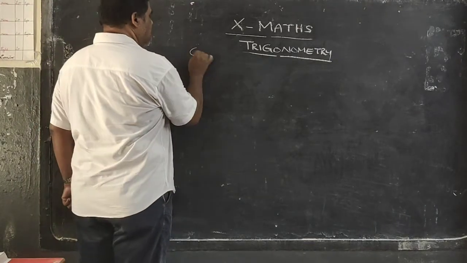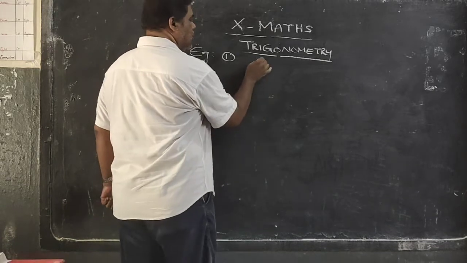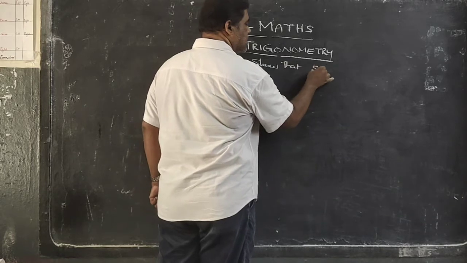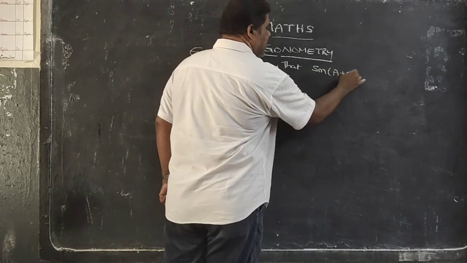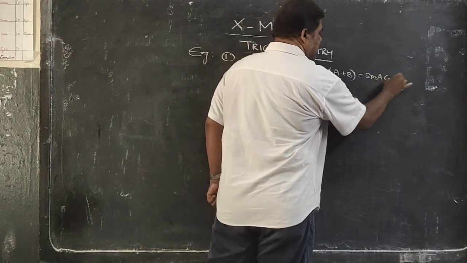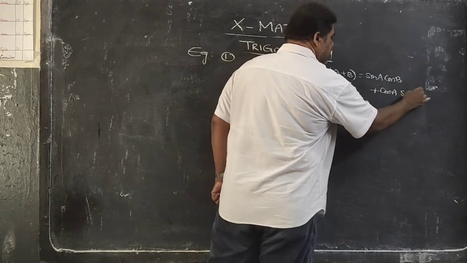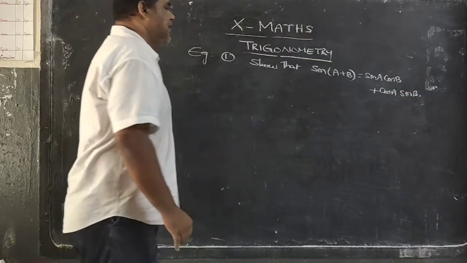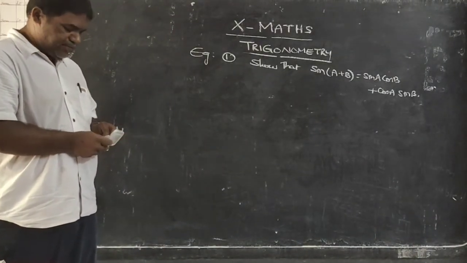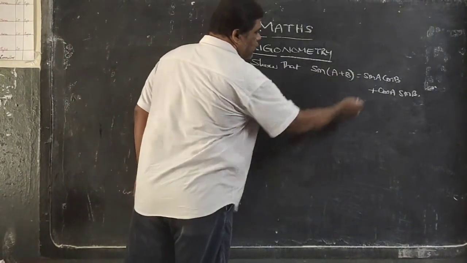Let us do one example problem. Show that sin(A plus B) is equal to sin A cos B plus cos A sin B. We have to prove that sin(A plus B) is equal to sin A cos B plus cos A sin B. Now to prove this, these two are equal.